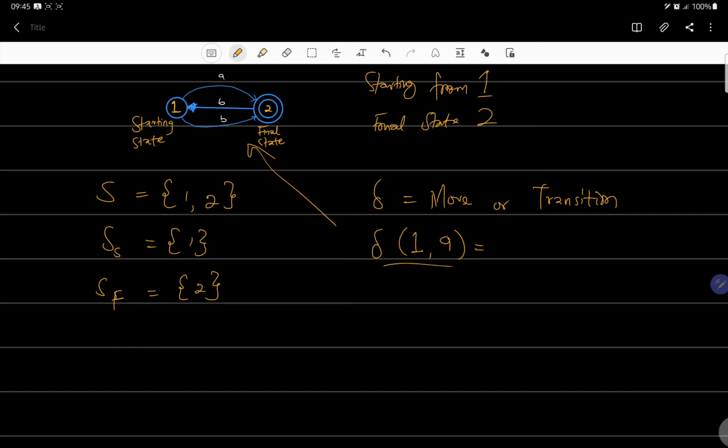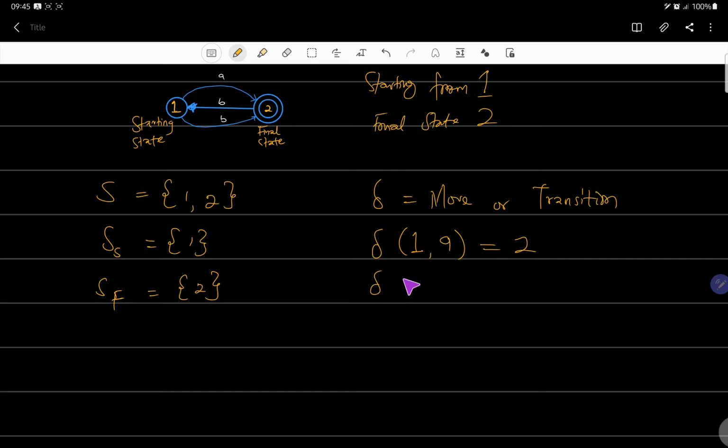It simply means that if you are moving from 1 and you go through A, it leads us to 2. I hope we get that part.